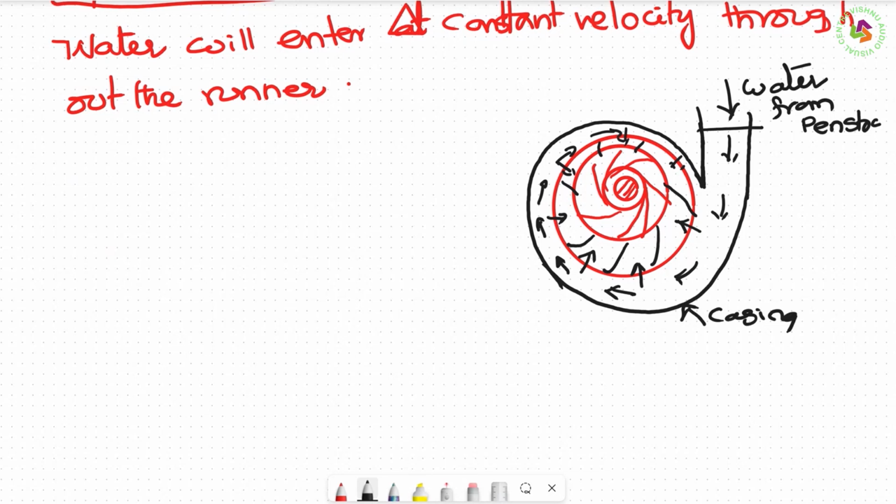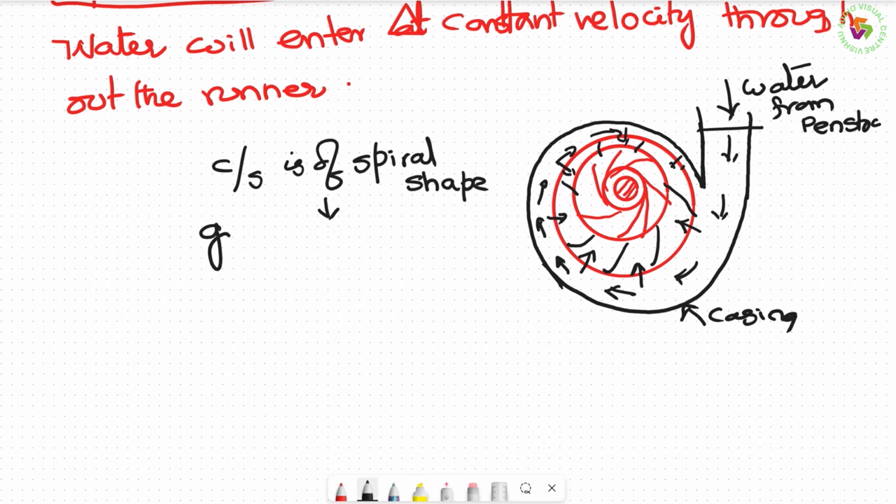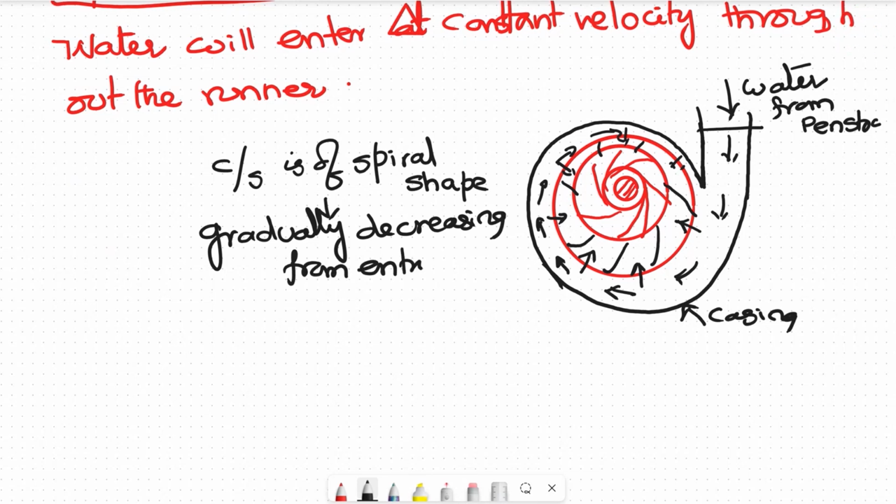That is why it is maintained that the cross section is of spiral shape. This is very, very important. Gradually decreasing from entry point. So these are the many things.